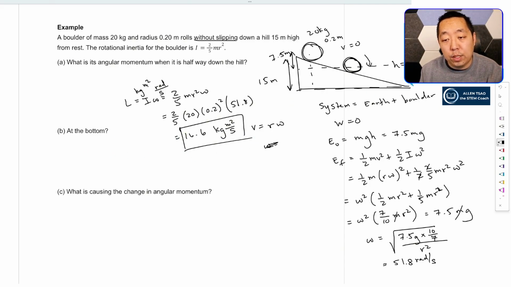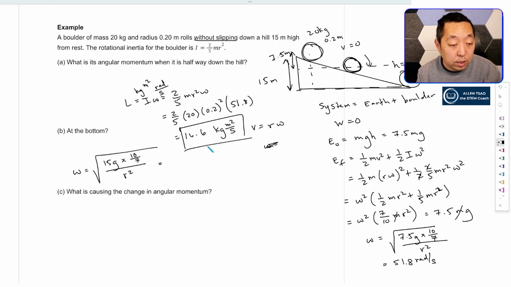How about the angular momentum at the bottom? Well, we just got to figure out the angular velocity. The only thing that's going to change for the angular velocity is you're going to go down to 15 meters, right? The initial energy will be 15 if you make h equals 0, and everything else will be the same. So it'd be the square root of 15g times 10/7 divided by r squared, and then you're going to multiply that by I. Just to get the angular speed, it's 15 times 10 divided by 7 divided by 0.2 squared.